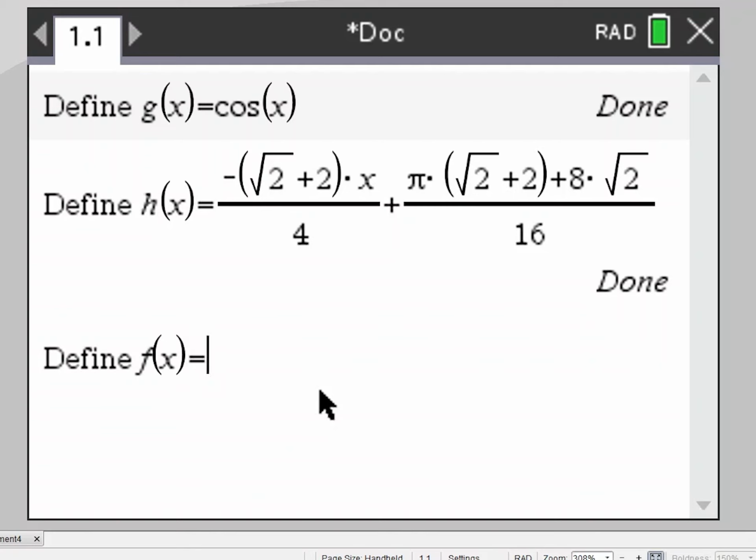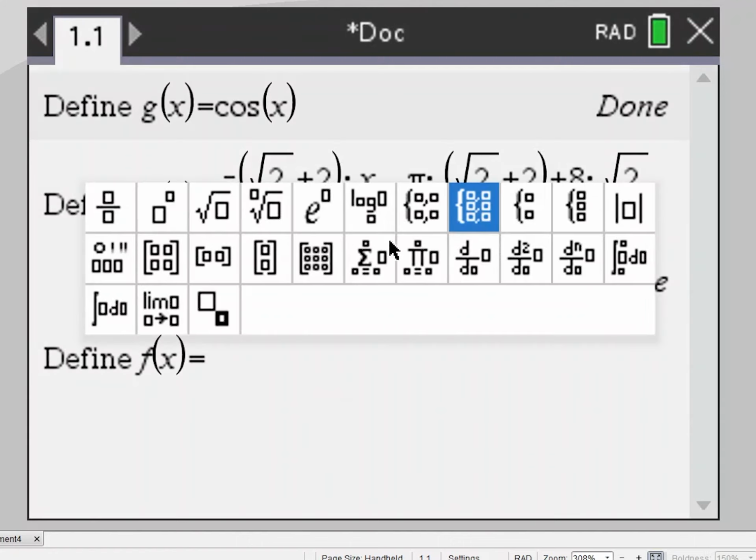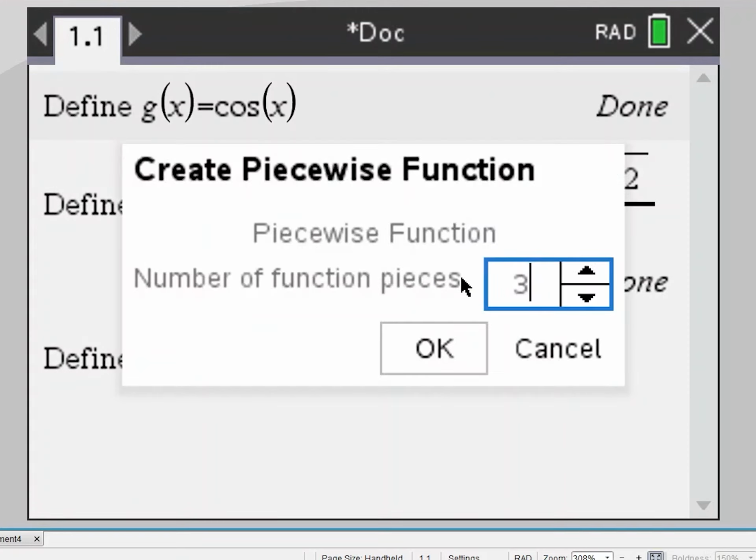Now equals to, let's navigate to this button over here, press that. Say you want to define more than two piecewise functions, how would you do that? Well, you just press this one over here, and it will ask you how many piecewise functions you have. In this case, it's just going to be 2, but this is for your reference, in case you have to define more than 2, you can still do that. Press OK.